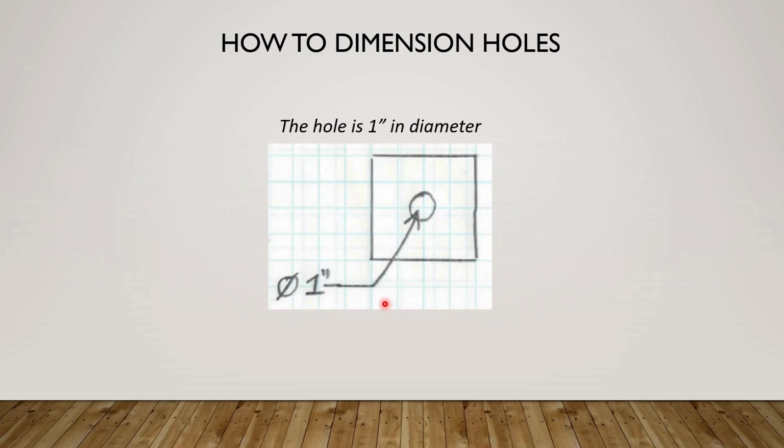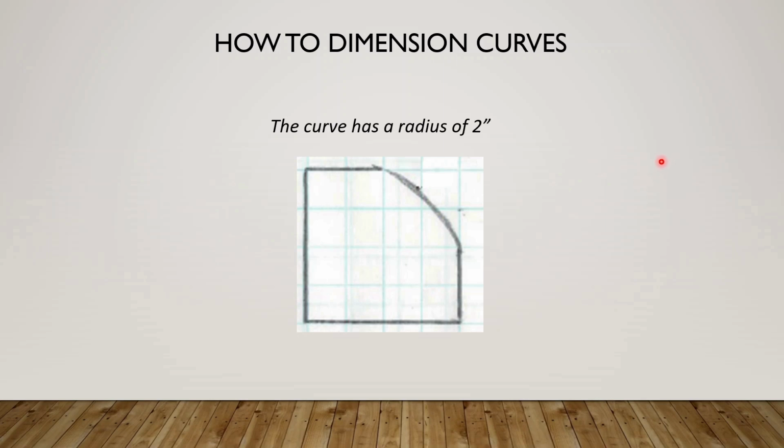Then you would draw a circle and strike a line through it, and that is shorthand for diameter. So when someone sees this, the circle with the strike through it is telling you they need a 1-inch diameter drill bit. Alternatively, you could actually just spell out the word diameter, but let's be honest, who's got time for that?